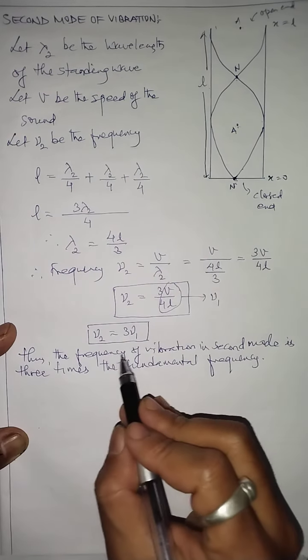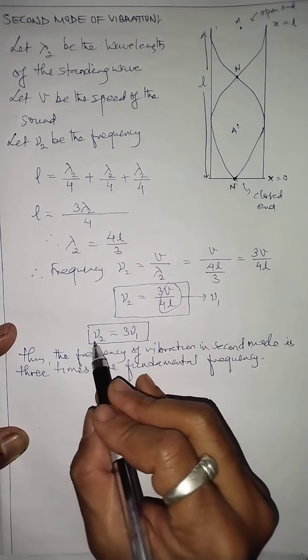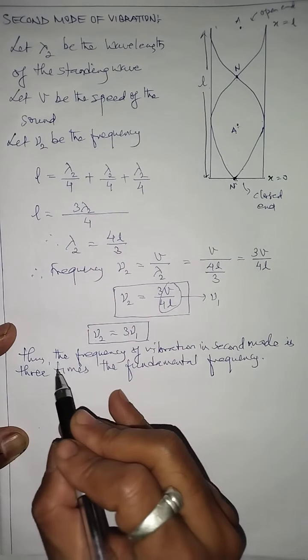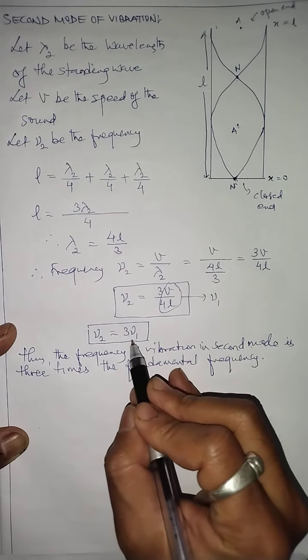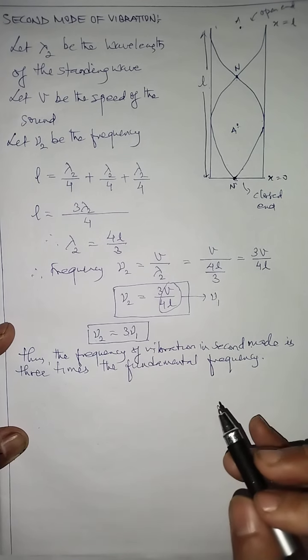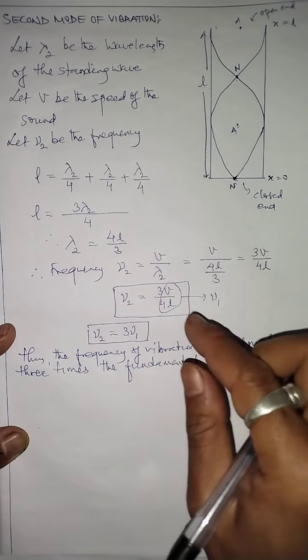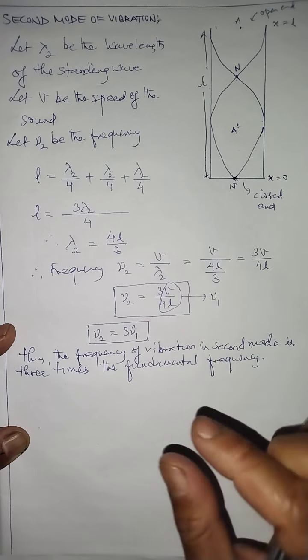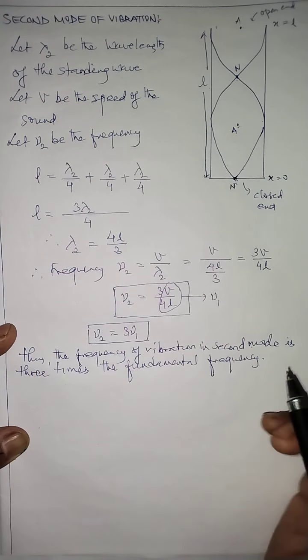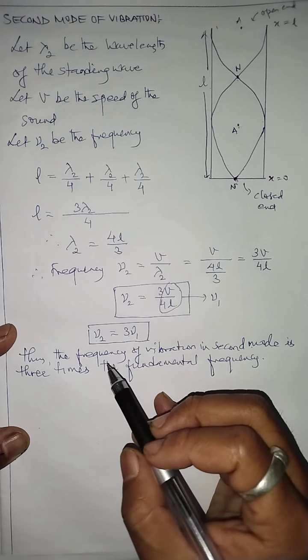Thus, the frequency of vibration in the second mode, nu2, is 3 times the fundamental frequency, and that fundamental frequency is nu1. So the sound note produced in the pipe is called the first overtone, or also called the third harmonic. First overtone is also called third harmonic.